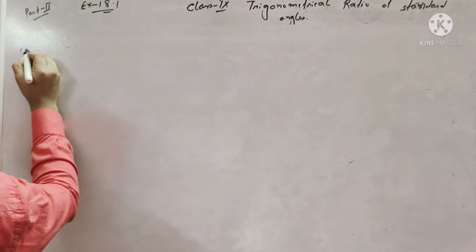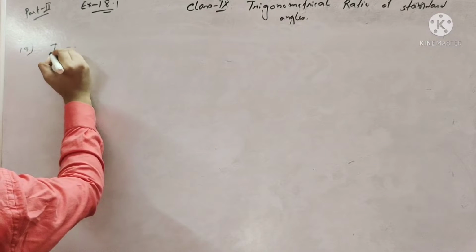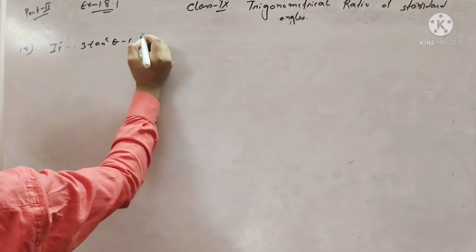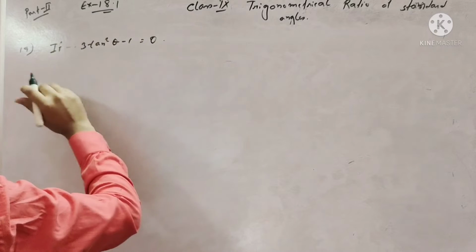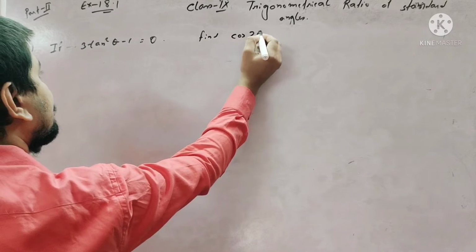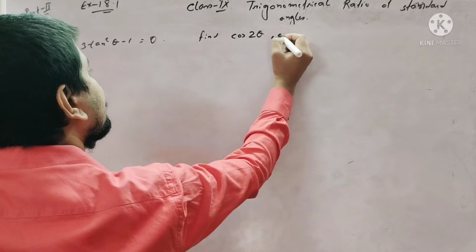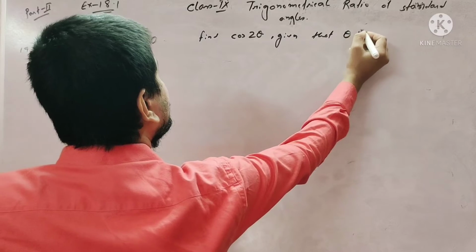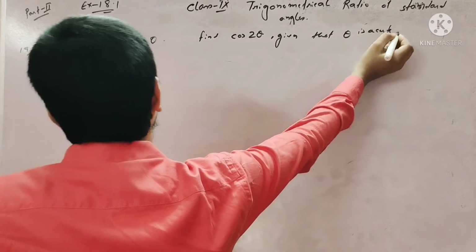Question number 19. If 3 tan squared theta minus 1 equals 0, find cos 2 theta, given that theta is acute.